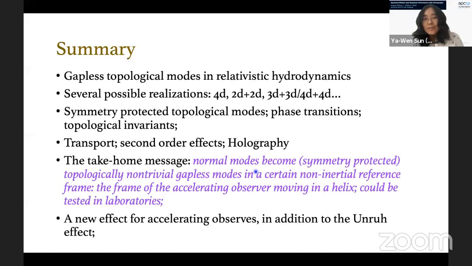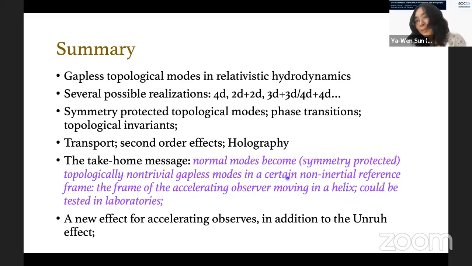The main message that I want to deliver is that topologically trivial modes could become symmetry-protected topologically non-trivial gapless modes in a certain non-inertial reference frame, which is the frame of an accelerating observer moving in a helix.